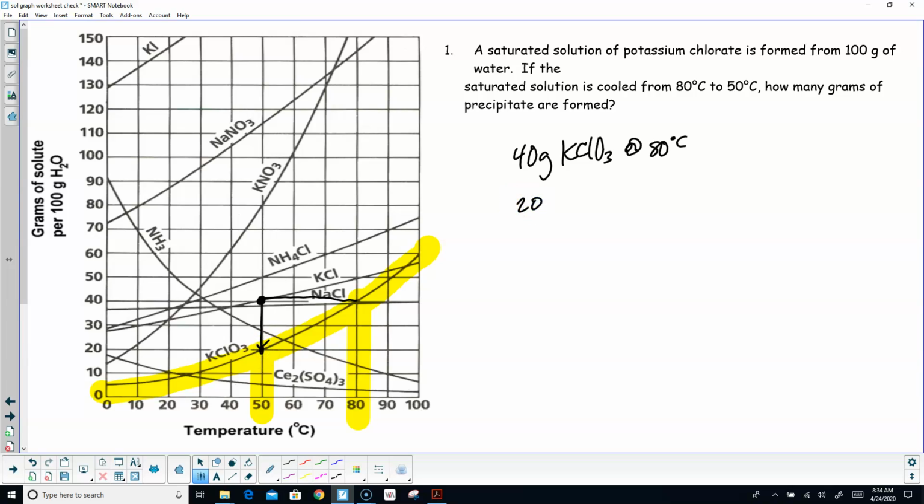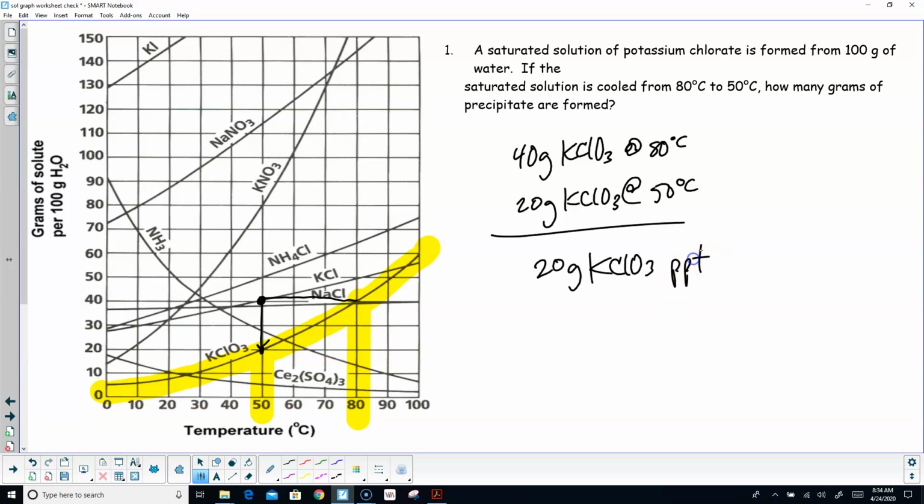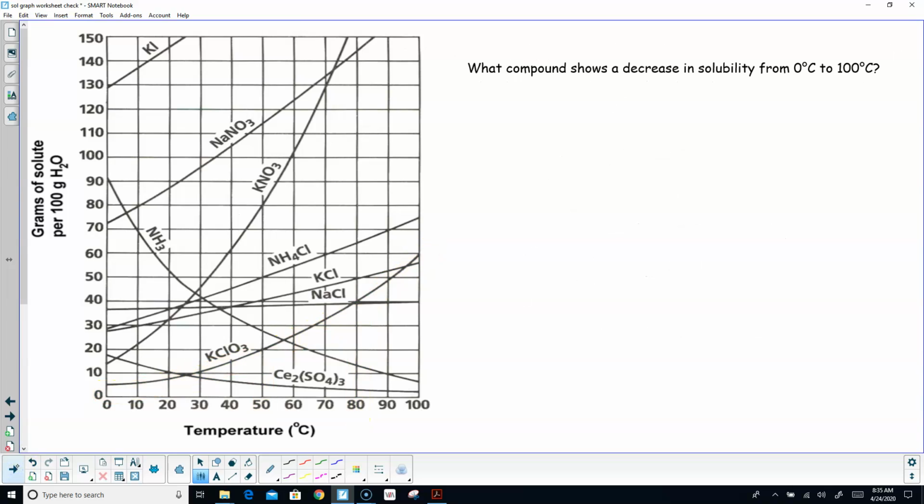So it should only be able to hold 20 grams of KClO3 at 50 degrees Celsius. If this were to be agitated or a seed crystal were to be added, you would notice that 20 grams of KClO3 could precipitate out. That's all you do.